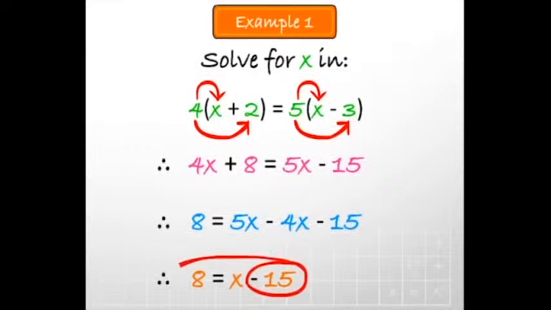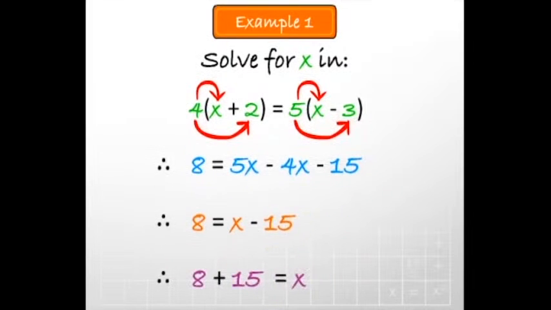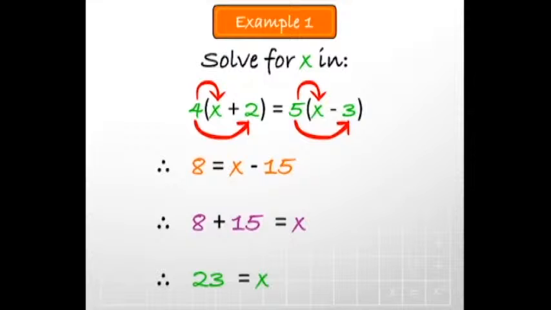Now we need to take that minus 15 to the other side of the equation. And so we get 8 plus 15 equals x. And so we've solved our equation. X equals 8 plus 15, which means x equals 23.